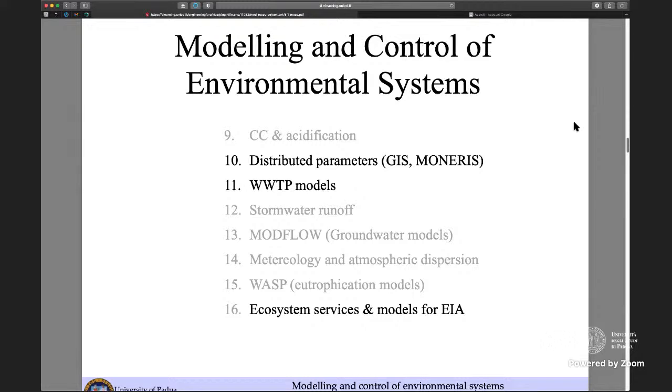So you understand that the approach of aggregated parameters, especially when you deal with environmental systems or real ecological systems, is not appropriate. So we will need to do some kind of geographical descriptions in terms of, for example, GIS. I think many of you know what GIS are.